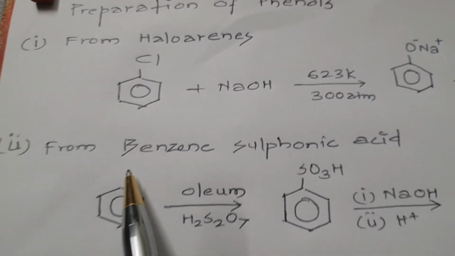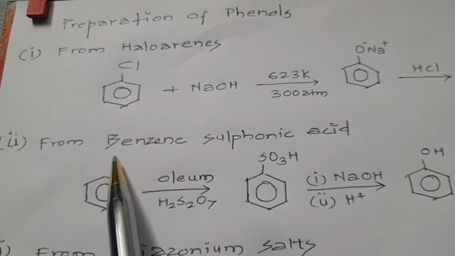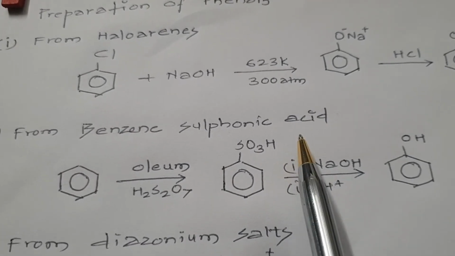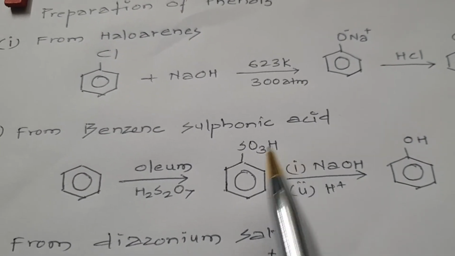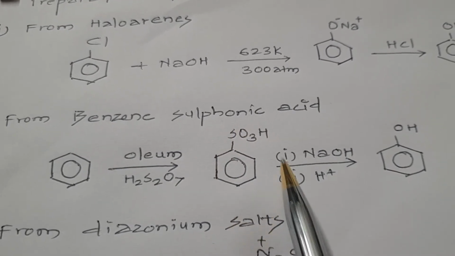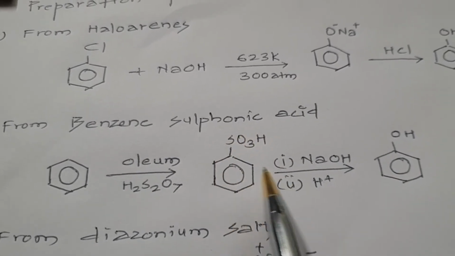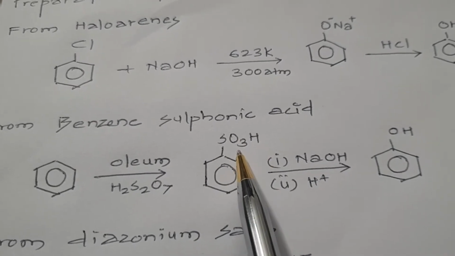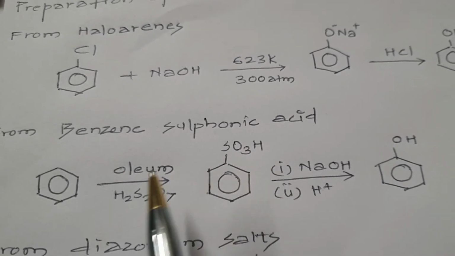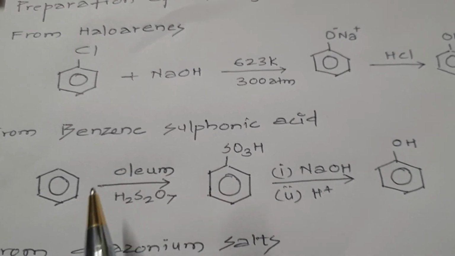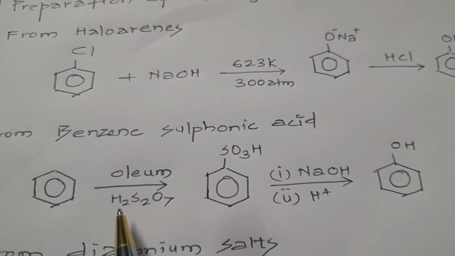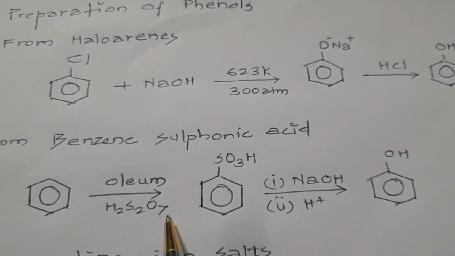Let's go for the second method, that is obtaining from benzene sulfonic acid. First of all, let us learn how to obtain benzene sulfonic acid. This is a benzene ring with SO3H group, that is a sulfonic acid group attached to it. To obtain this, we have to react benzene with oleum, which has a formula H2S2O7.